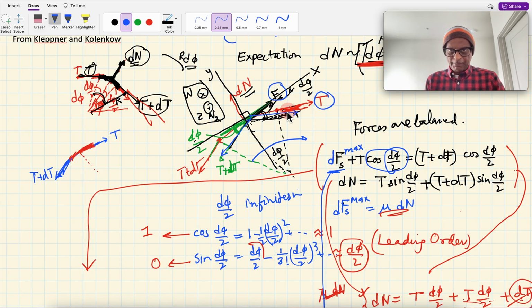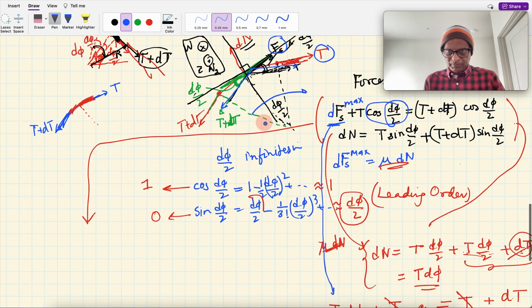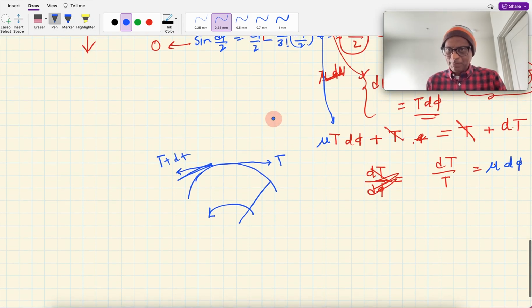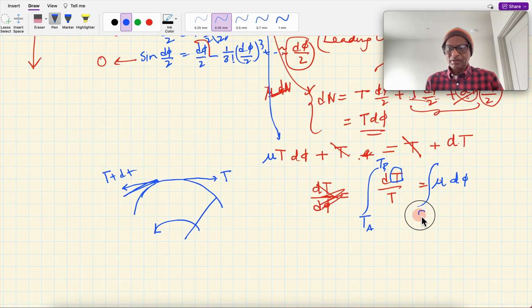So I'm going to integrate from TA to TB, because this is a T variable, and this guy goes from θ to 0, because TA is at angle θ. We've gone all the way to θ. That's where the minus sign comes in.